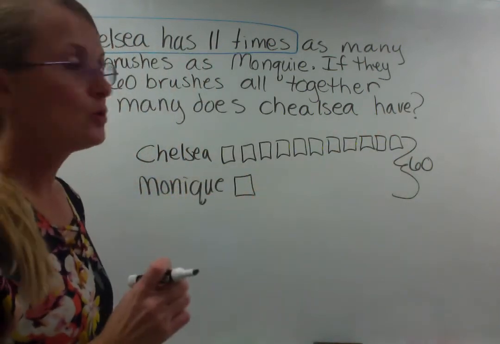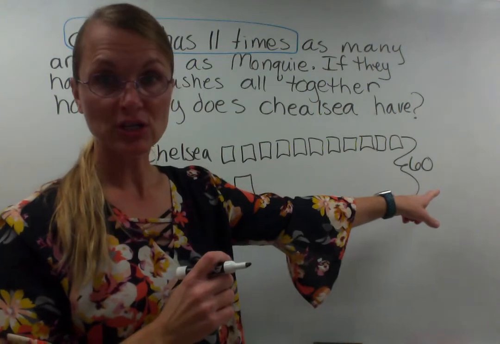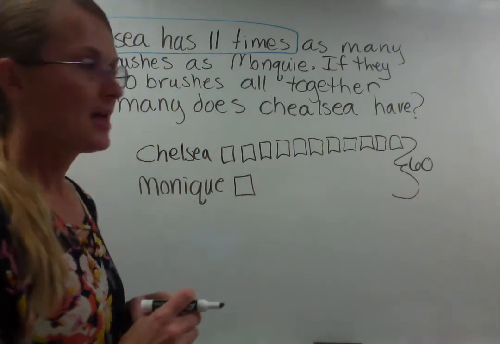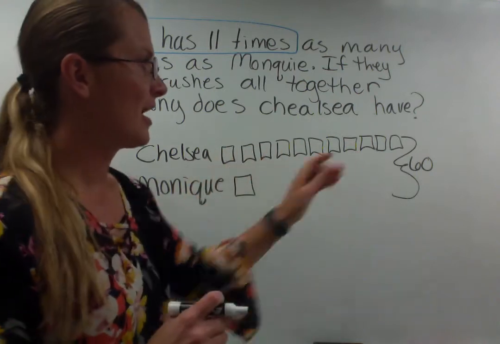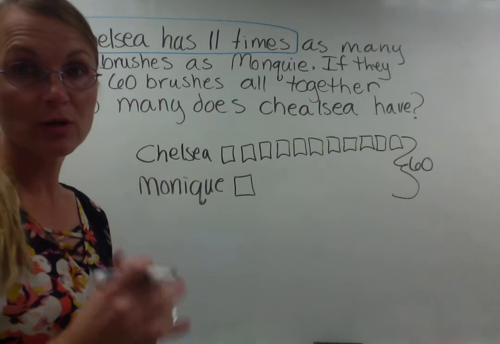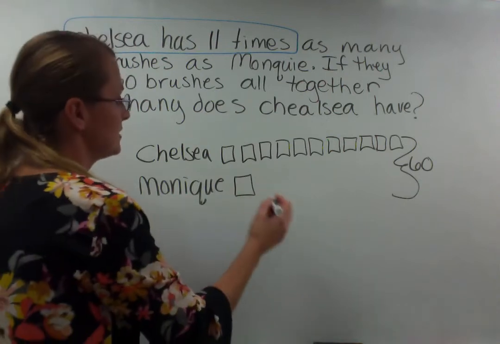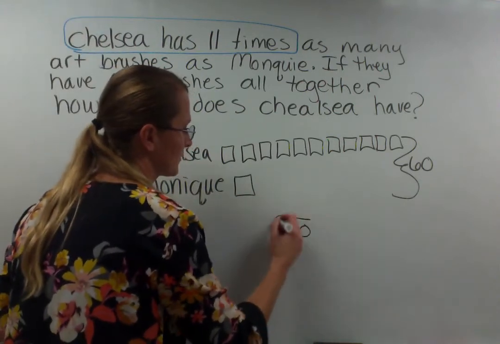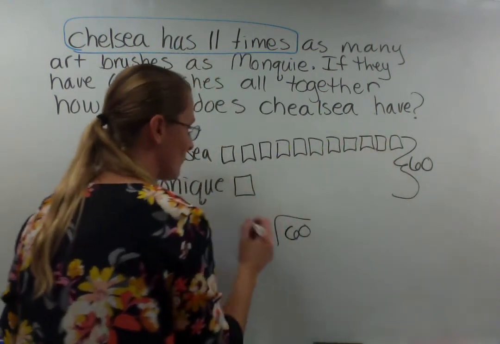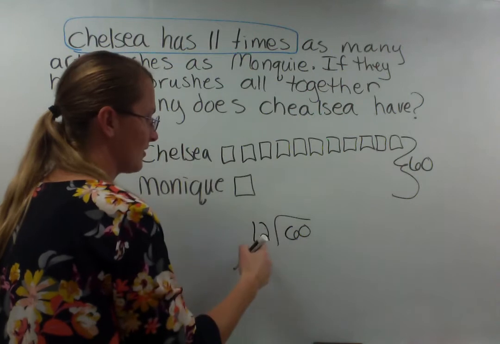So I can take the 60 brushes and divide them evenly into the boxes, and I'll be able to figure out how many brushes each person actually has. So there's 60 total and 12 boxes. I got to count both rows together.